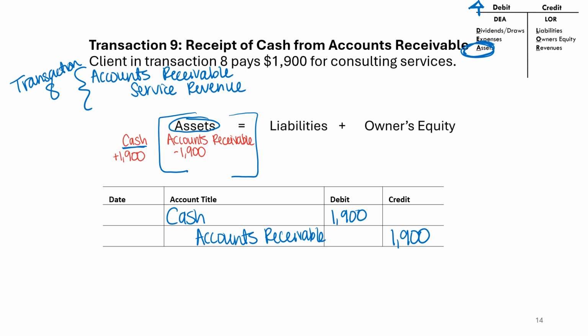We are decreasing accounts receivable, because by this payment we are decreasing the amount recorded that is going to be received in the future. So since accounts receivable is an asset and it's decreasing, you credit accounts receivable.